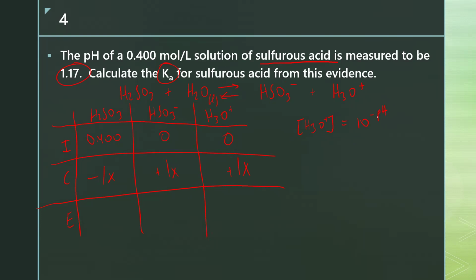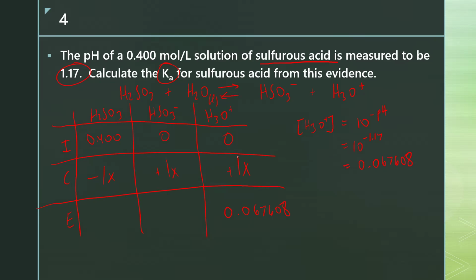Anyway, we know the pH is 1.17. So we can say this is 10 to the negative 1.17. Throw that in your calculator and you're going to find that number is 0.067608. That is our concentration of H3O plus. So I can fill that in right here. 0.067608. That's my equilibrium concentration of H3O plus.